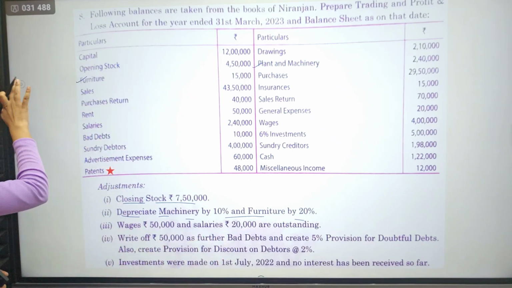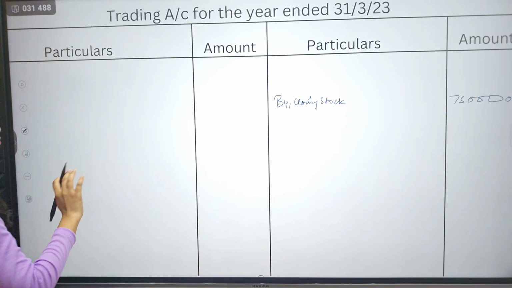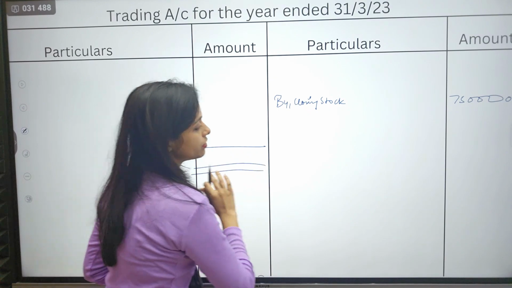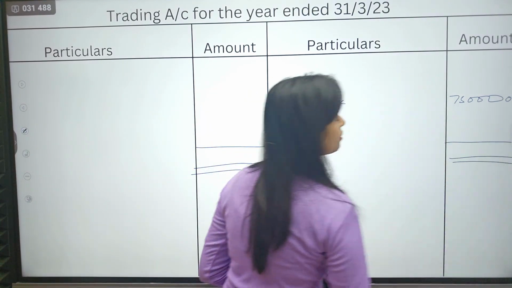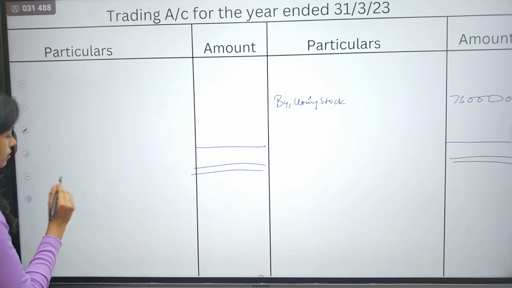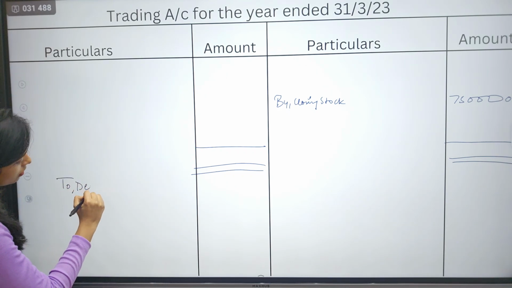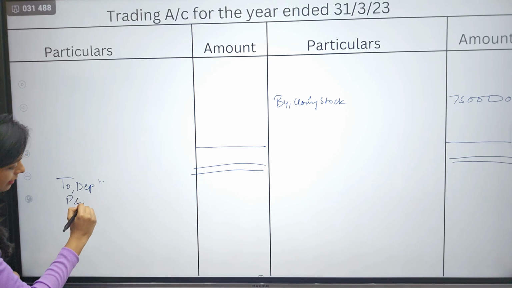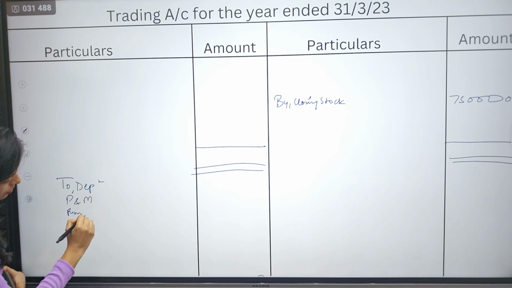So let's just come here and suppose my trading account is ending over here. So where will I treat my depreciation? First I will write it off as an expense in my profit and loss account. So I will write: to depreciation on plant and machinery and on furniture.